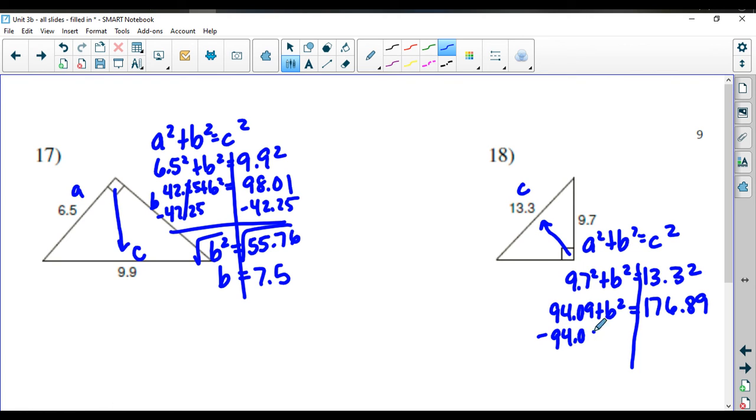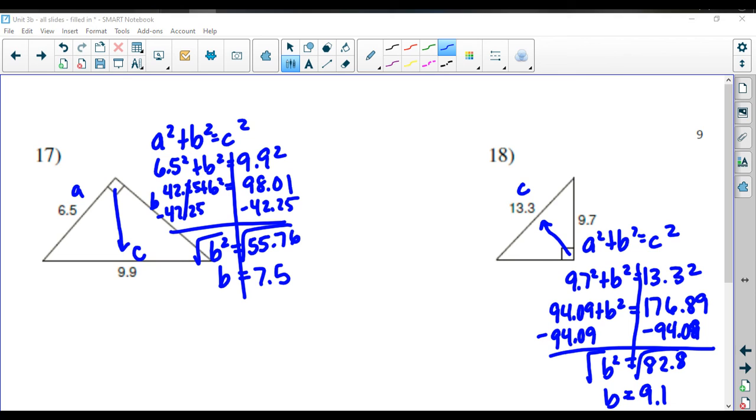Subtract away the 94.09. I get 82.8 equals b squared. And I want to go ahead and take the square root of both sides. And my square root turns out to be 9.099, which would be 9.1 then.